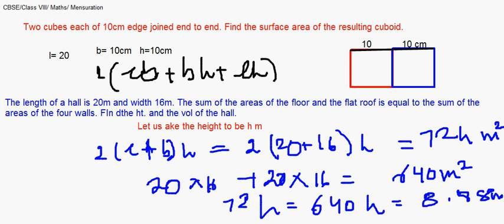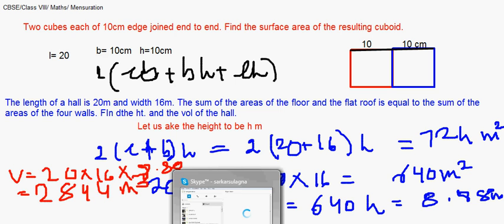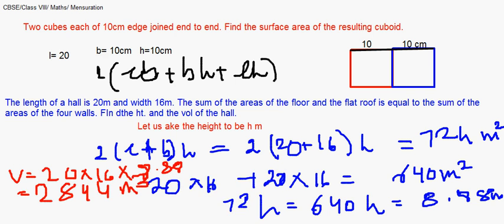If the height is so, we can find the volume by multiplying length into breadth into height, which is 20 into 16 into 8.88. I'm just taking the first few significant numbers, so it is 2844 meter cube. So hope you followed. We continue in the next video.